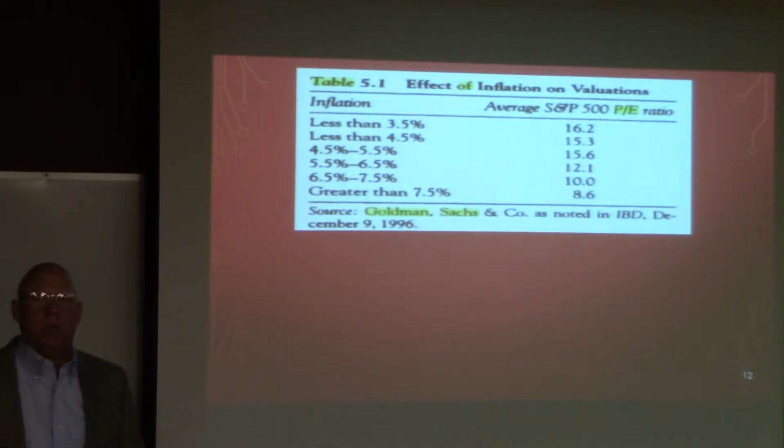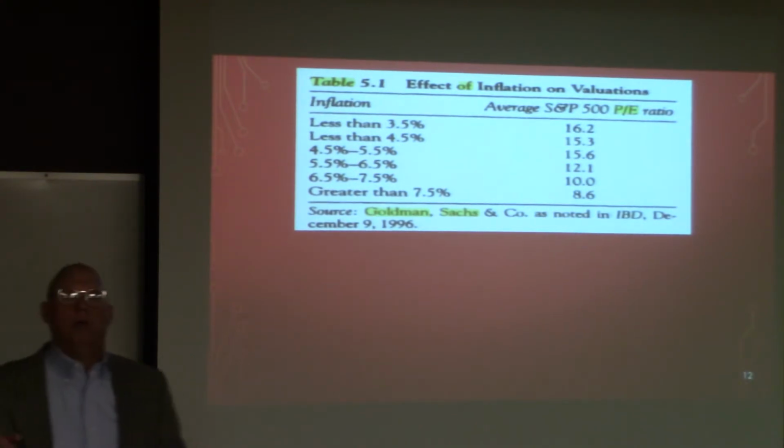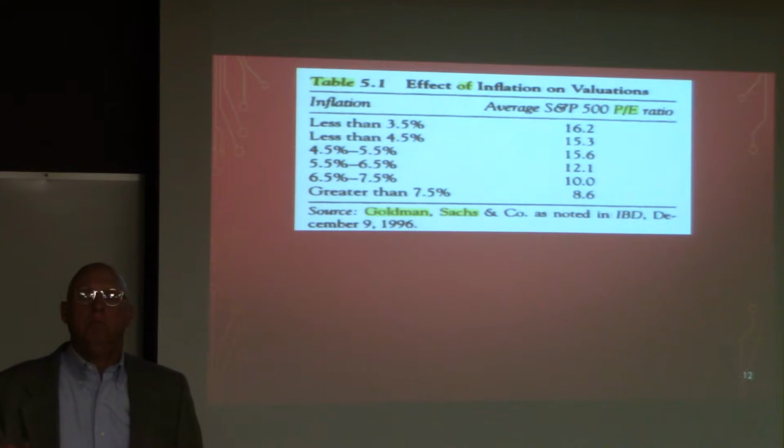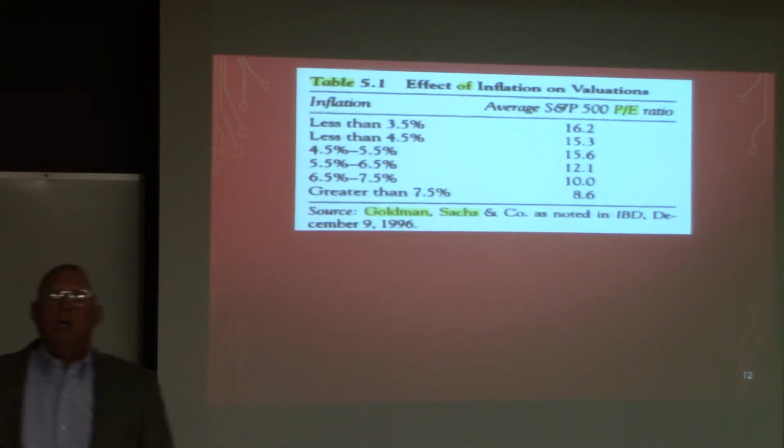After he said that, the market went up 20% that year, 20% again the year after, and 20% again the year after that. Three years in a row, after the chairman of the Federal Reserve cautioned that the market was overvalued. How did he miss it so badly? He made a very basic mistake. He forgot about inflation and interest rates.